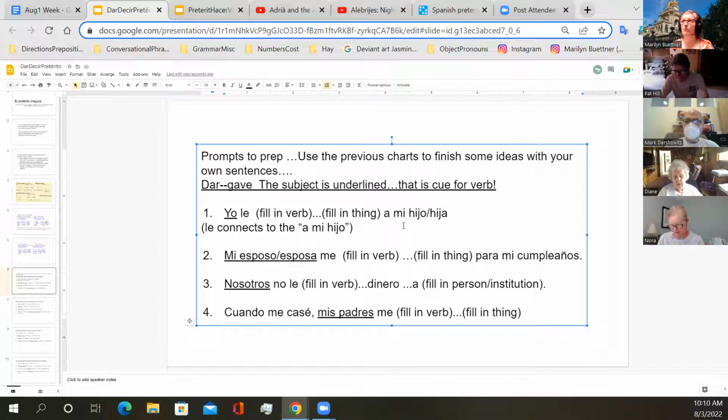Okay, I'll give you my example. Yo le di una carta a mi hijo con su sorpresa de cumpleaños. His birthday surprise was in the letter. Yo le di una carta a mi hijo.